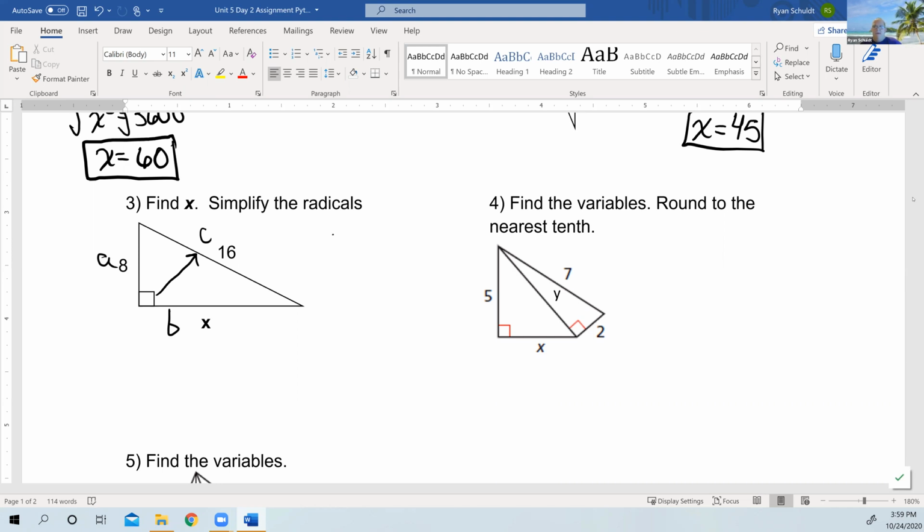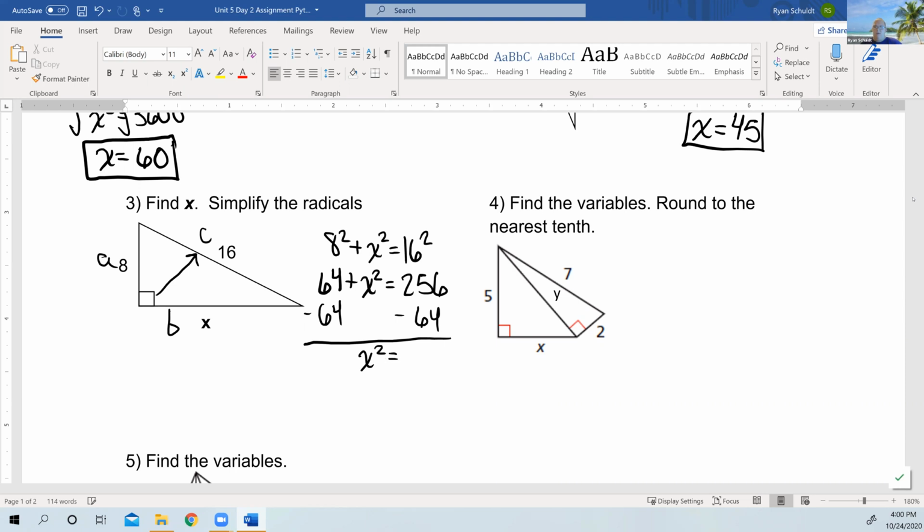So we're going to have 8 squared plus x squared equals 16 squared. 8 squared is 64 plus x squared, which is 256. Subtract 64. We're going to get x squared equals 192.